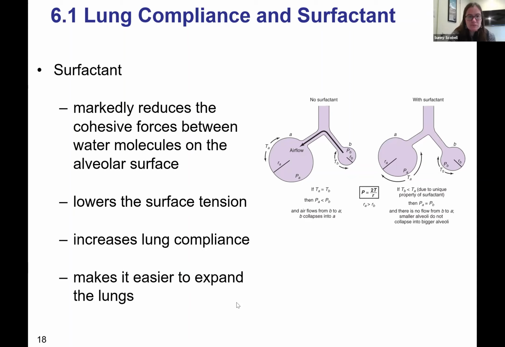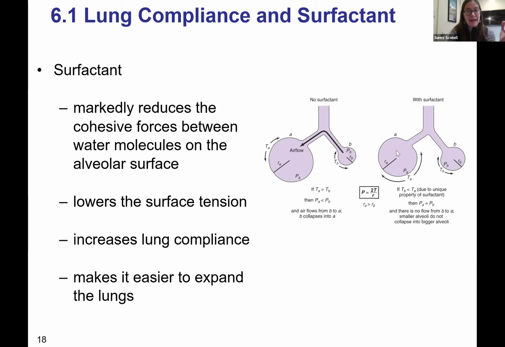and you just get less and less and less available surface area for diffusion. But if you have surfactant, the super cool thing about surfactant is that in the smaller alveoli, the surfactant molecules also get pushed closer together. So not only do we have more pressure on the air, but the surfactant molecules actually push closer together. And then they hold open and they don't collapse.